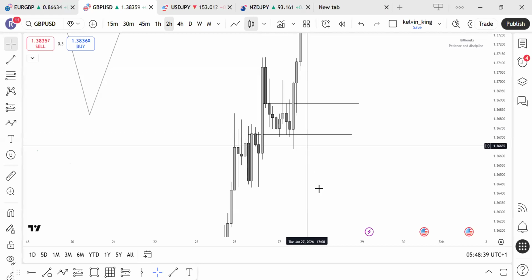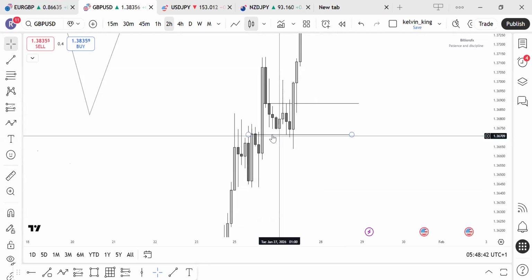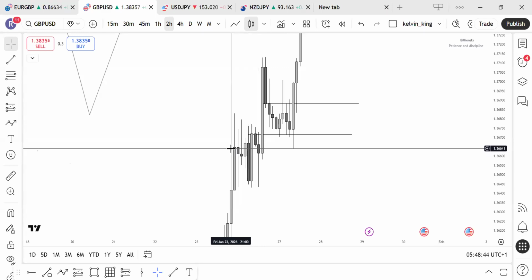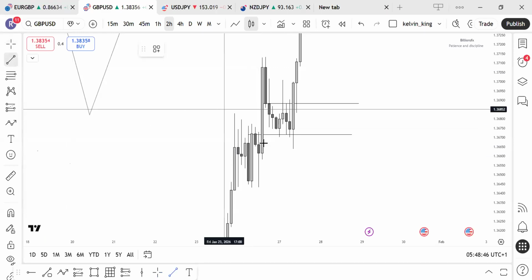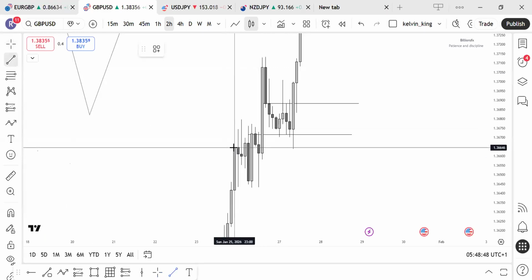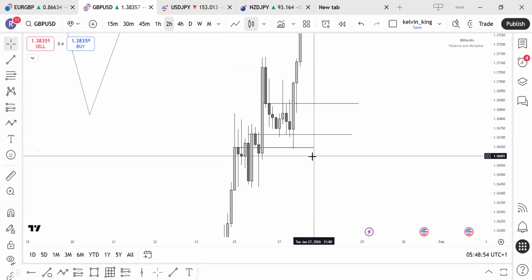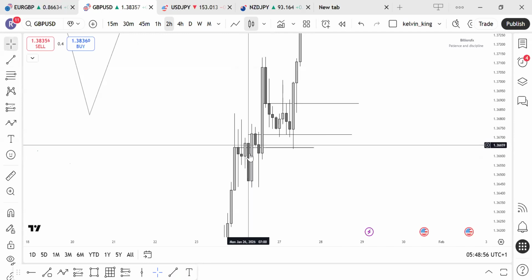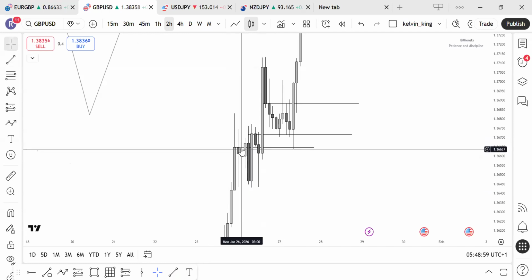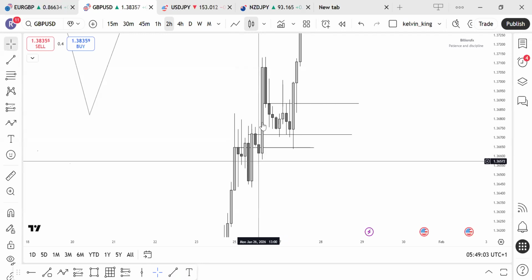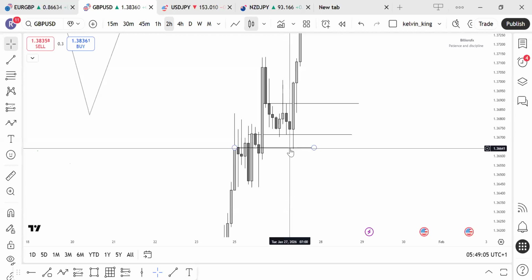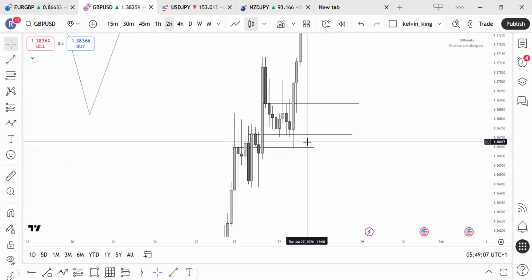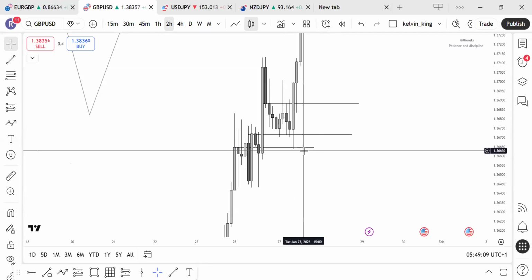Now the price respected it. Also notice this one too. There is a third candle rejection here. Before price started all this movement, there is a third candle rejection here. At the end of the day, when price broke out of that level, you can see that price still came back to use it.